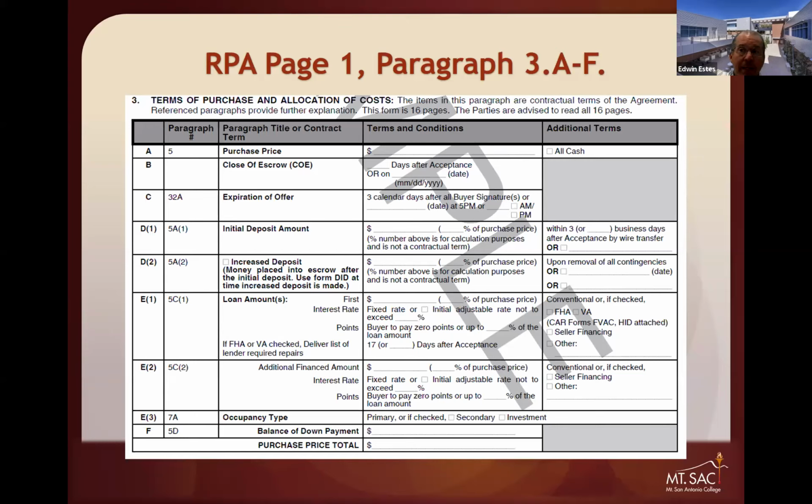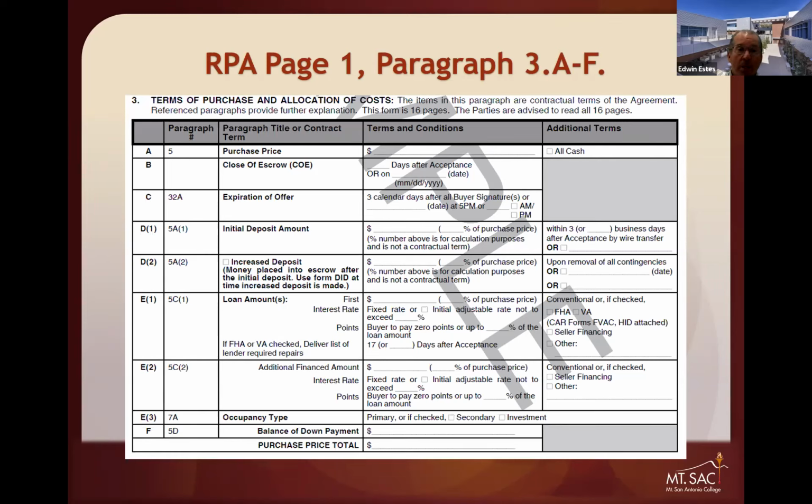The only way it'll ever pop up is if you exceed the text space within the blank. Isn't that cool? So you'll be able to add additional language to these blanks because they're not long enough. It just will automatically go on this special TOP addendum form.